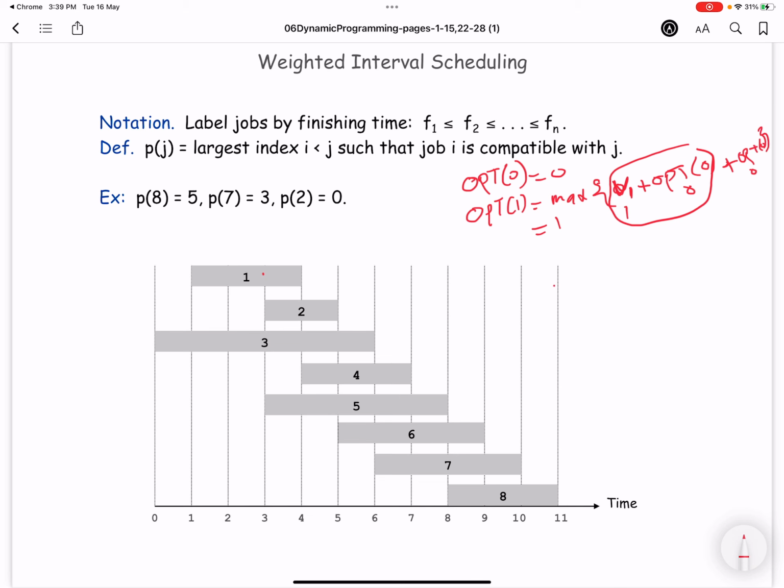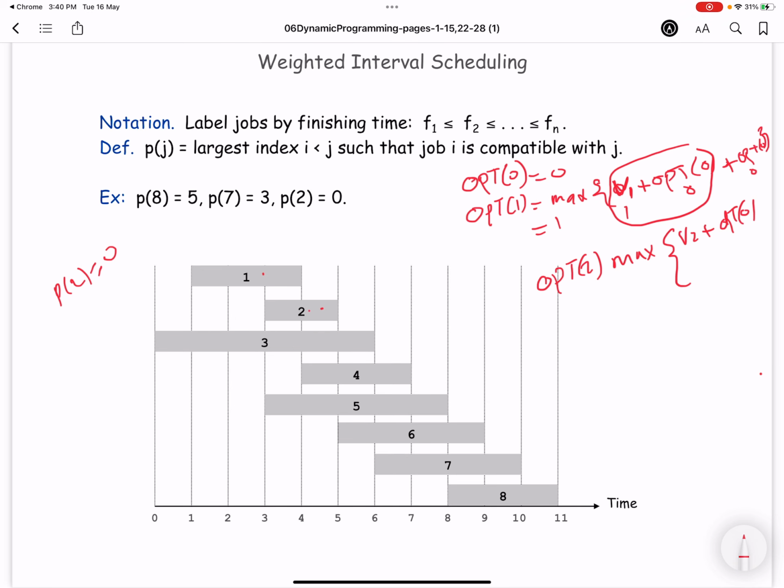Now let's compute opt 2. We have two choices, the maximum between two things. The first is that we decide to take this job, so it will be v2 plus opt of the previous non-conflicting jobs, or b2. b2 is 0, so it will be opt 0.